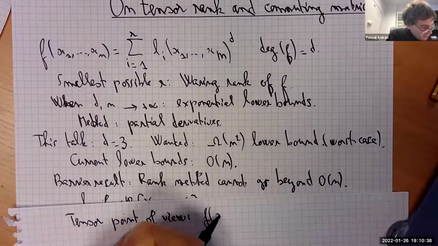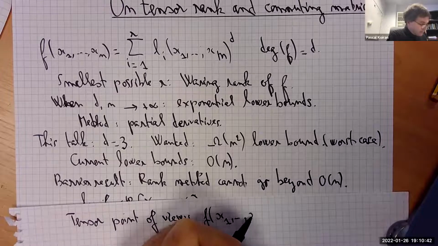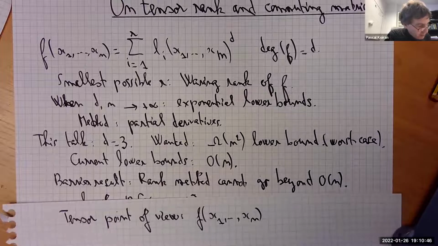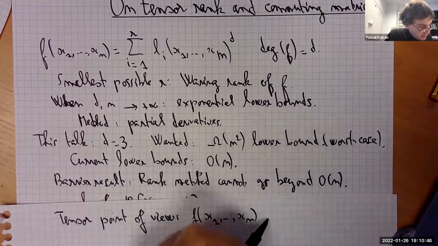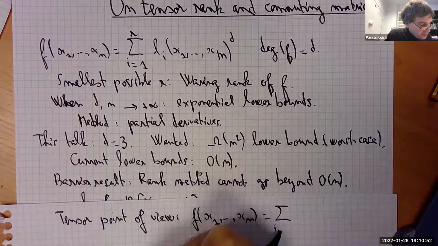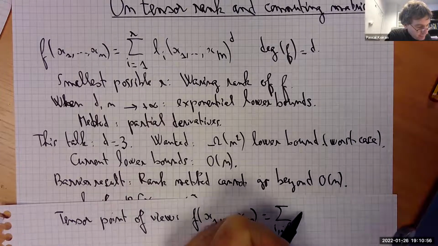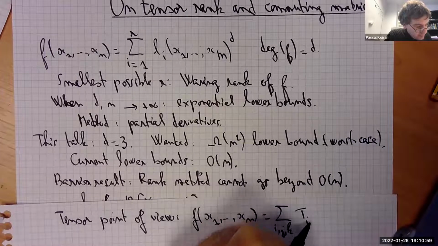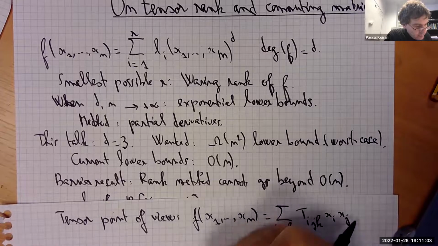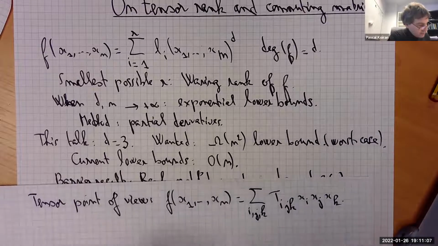So basically, when you're given this degree-3 polynomial, now f has degree 3. The relevant tensor is just the array of coefficients of f.